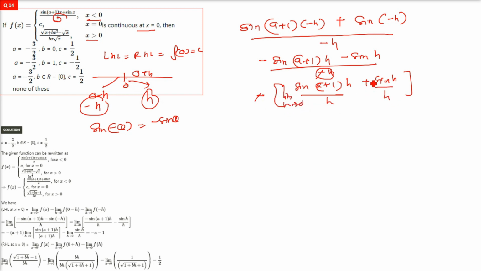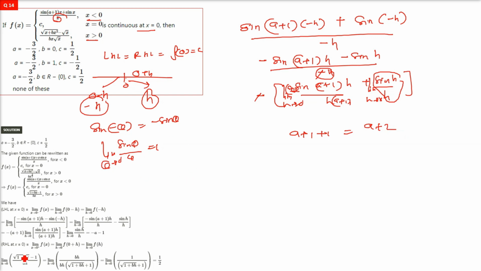Now apply limit h tends to 0. So you know that sin theta by theta, limit theta tends to 0, is 1. So you can have a plus 1 in the denominator and a plus 1 in the numerator. I am just introducing it. As I said earlier, sin theta by theta is equal to 1. Now this whole will be 1, a plus 1 will remain. Here sin h by h is going to be 1, so 1 will remain, so a plus 2 you will get for the left hand limit.